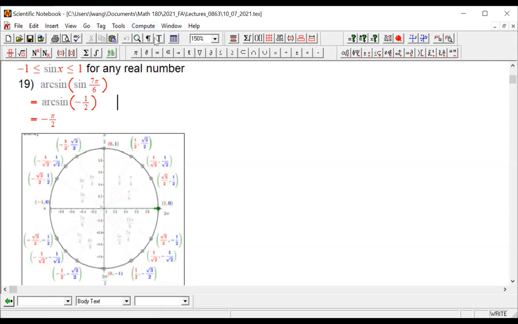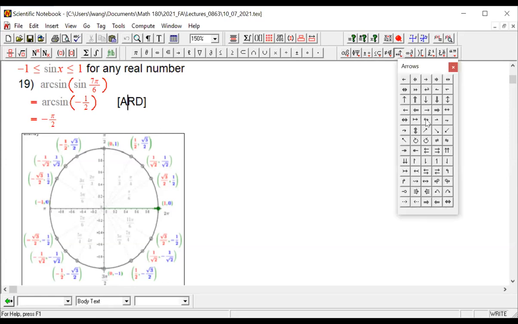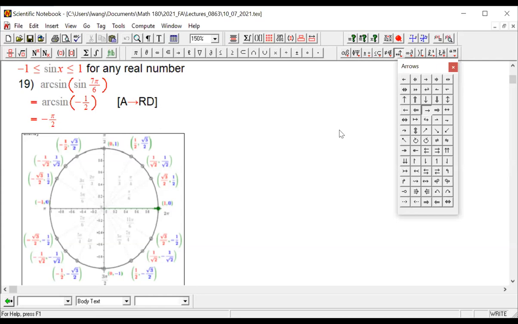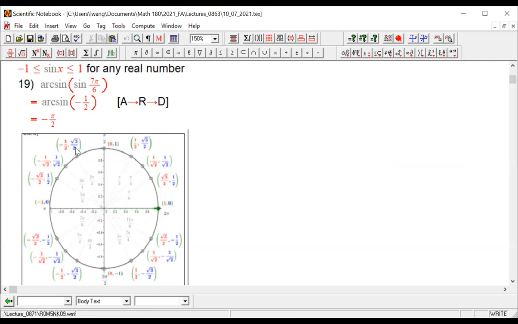That was a visual representation of what you are trying to teach us. You labeled A on the unit circle, 7 pi over 6. Then you label the reference, which is the acute angle, and negative 1 over 2 was the D, wasn't it?